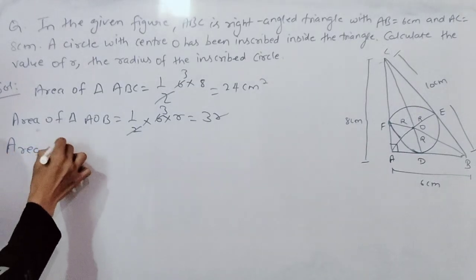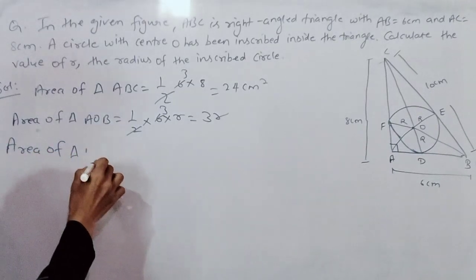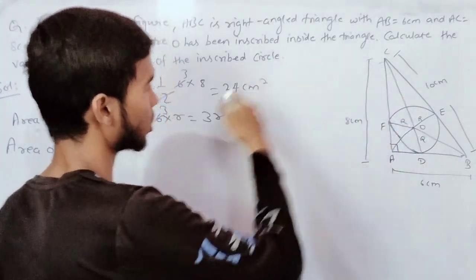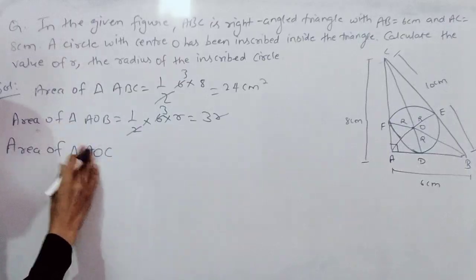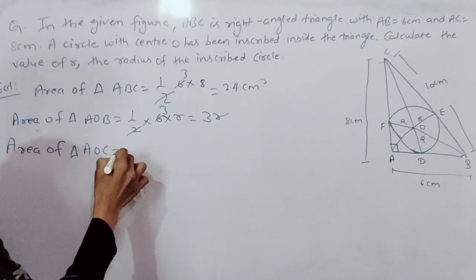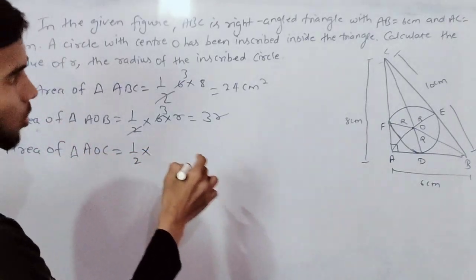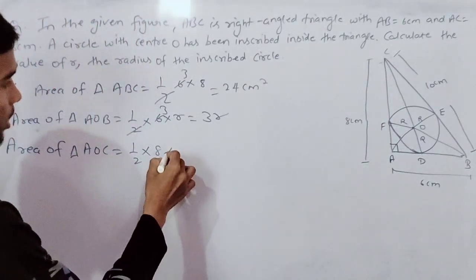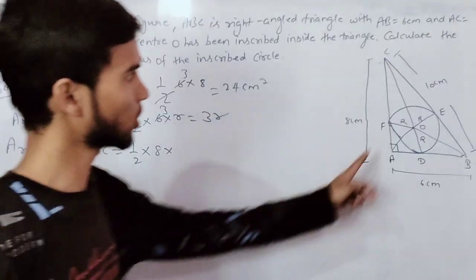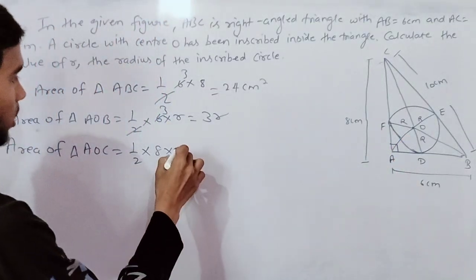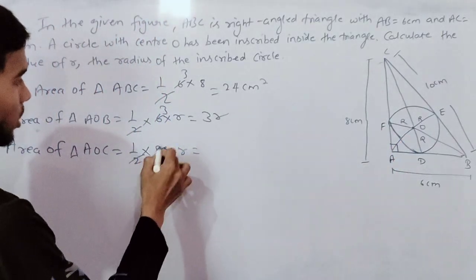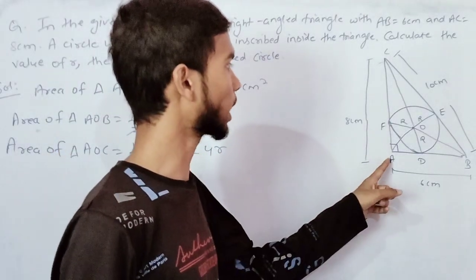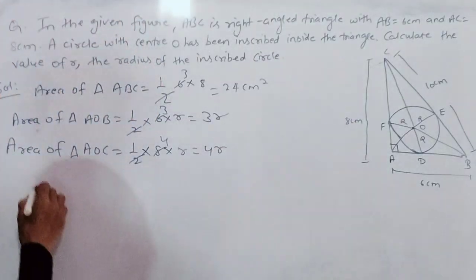Area of triangle AOC is 1/2, AC is the base which is 8 centimeter and height is r, 2 4s are 8, so 4r is the area of triangle AOC.